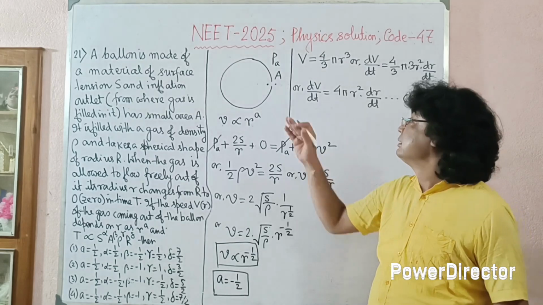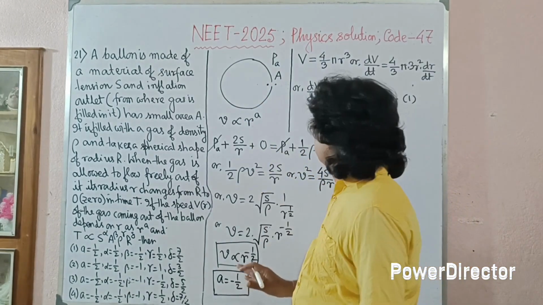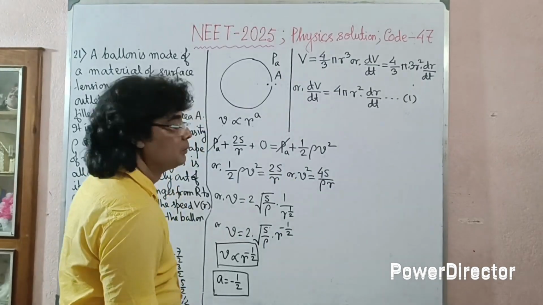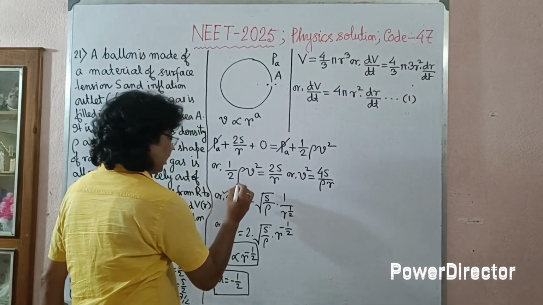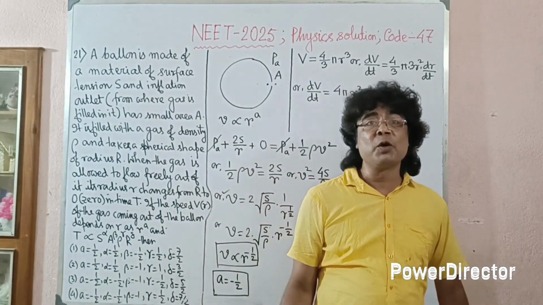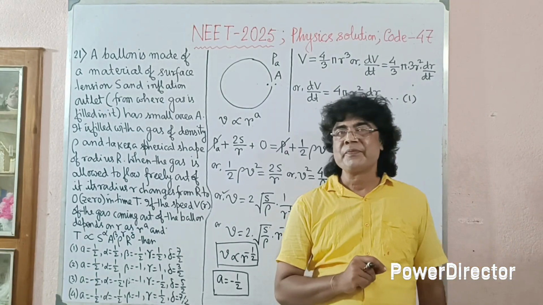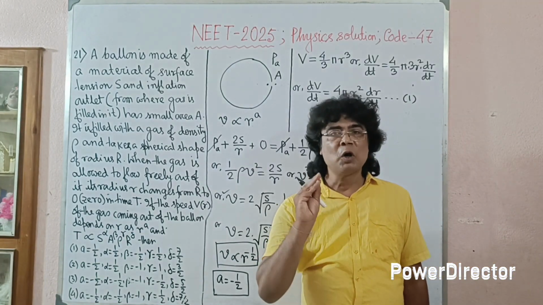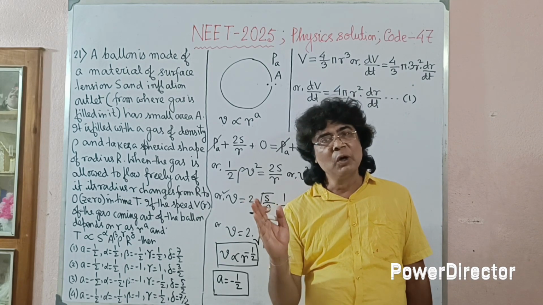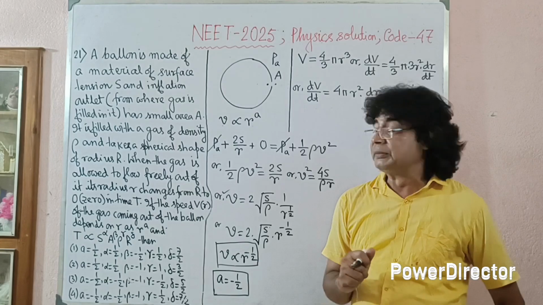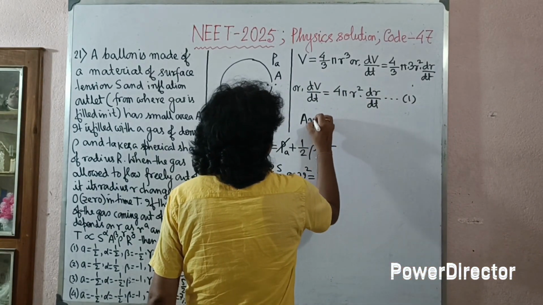We know that gas is coming out through the hole. Okay. Now small v is the velocity of the emerging gas. So volume of the gas emerging through the hole per unit time, that is A into v.